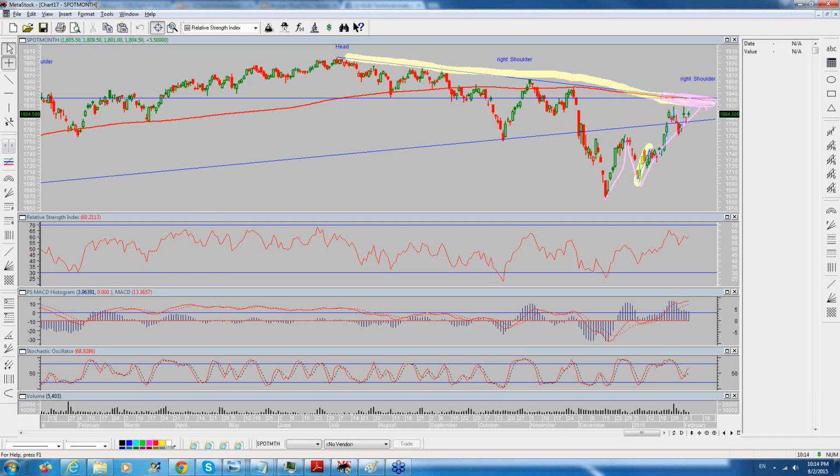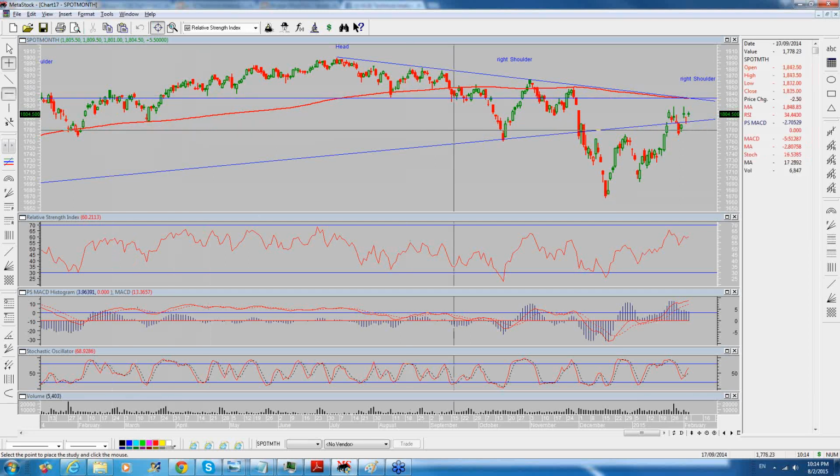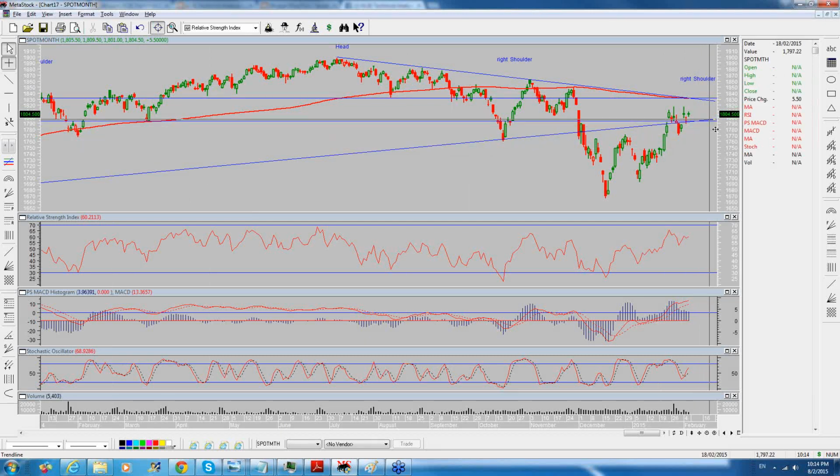That means the Malaysian market. I'm still staying bullish for now, and the key support and resistance as of now I'm watching in this area, 1800 to 1795. It is a support zone.